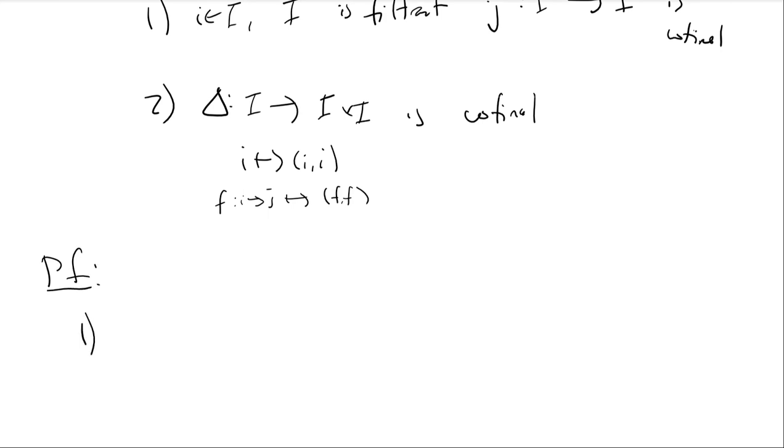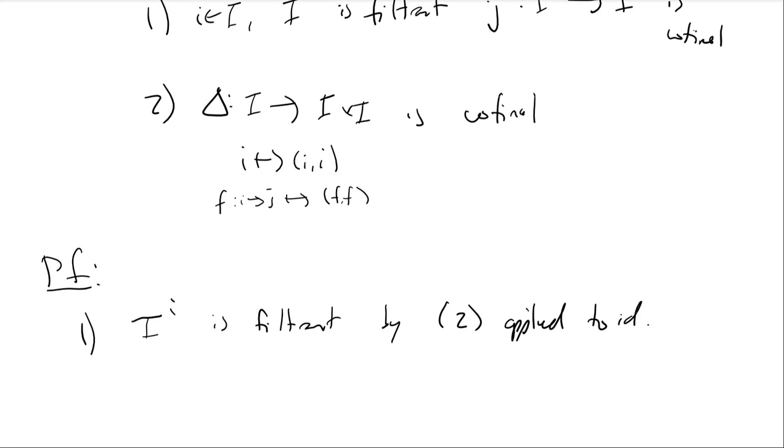So for the first part, what you do is look at part 2 of the previous proposition, and apply this to just the identity. This tells us that I upper i is filtrant. I think I called it 2, not Roman numeral 2. So that part's clear.